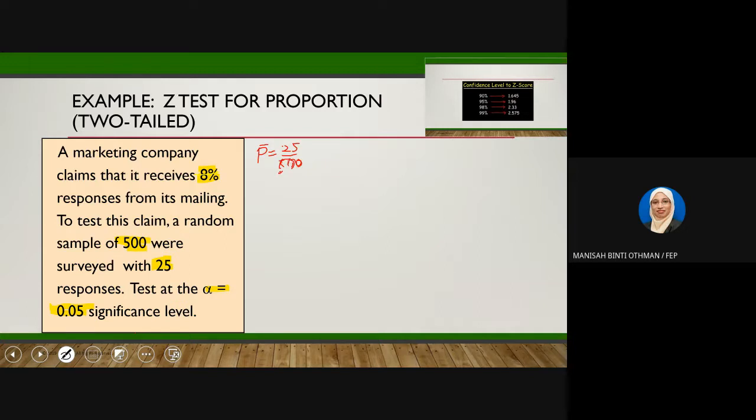N is 500, alpha is 0.05, and the population proportion P is 0.08.